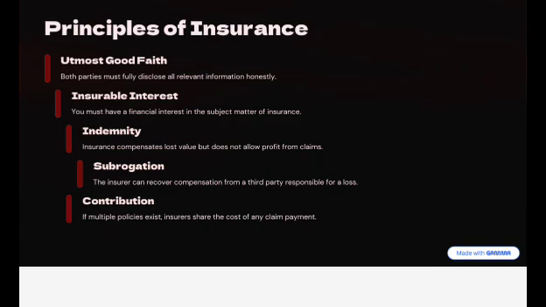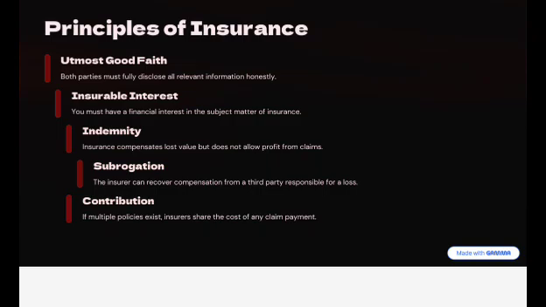This also means they will suffer a loss if it eventually occurs. It must exist at the time of taking the policy and at the time of a loss, especially in property insurance. It ensures that insurance is not used for gambling or speculation.